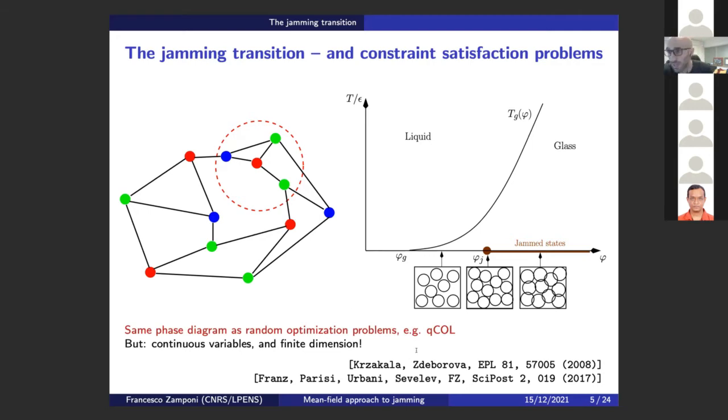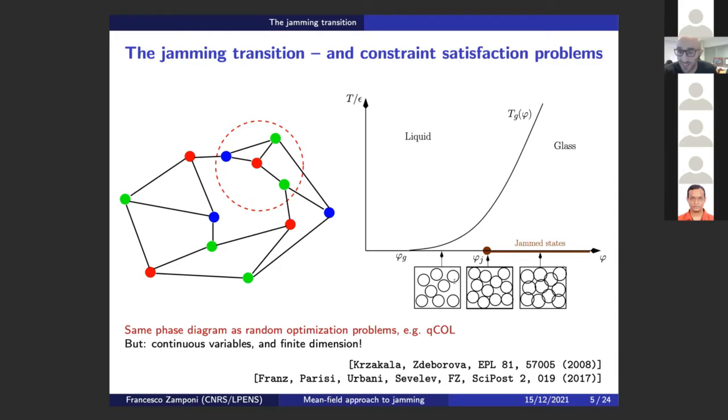But what I wanted to mention, and here is a reference where we try to describe this in a pedagogical way, is that jamming is nothing but a constraint satisfaction problem, but with continuous variables. Okay, so instead of having a discrete variable, which is the color of a node, here we have continuous variables that are the positions of the particles, and then we have constraints that particles should not overlap.